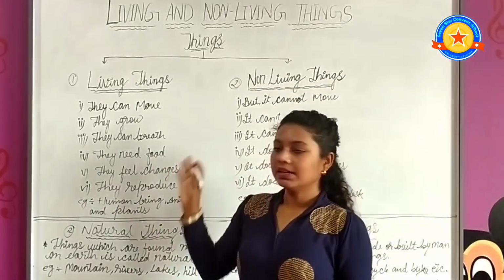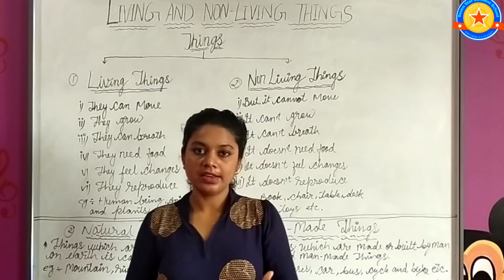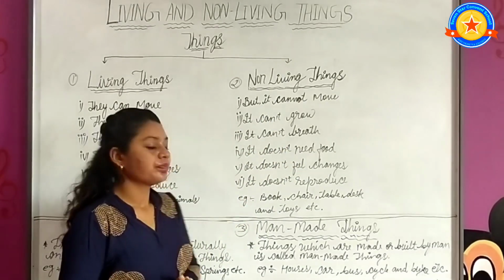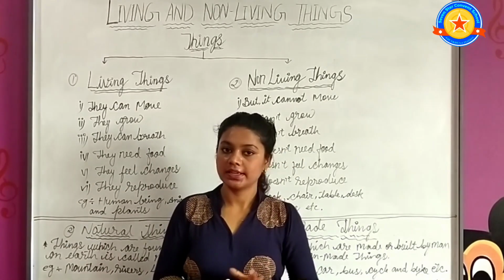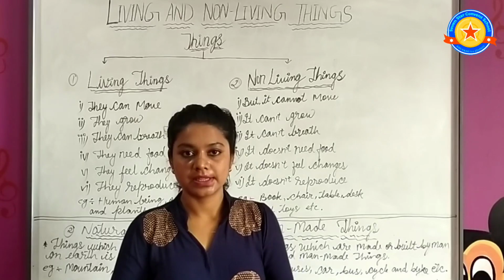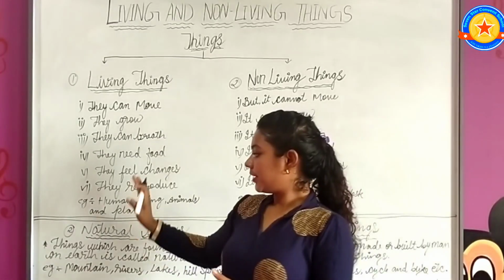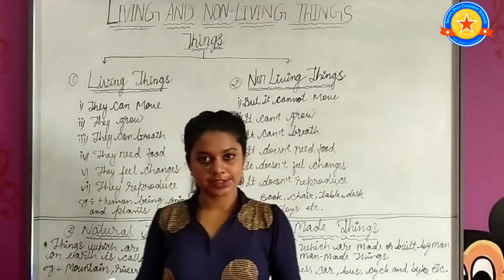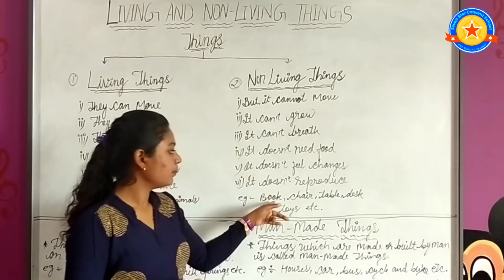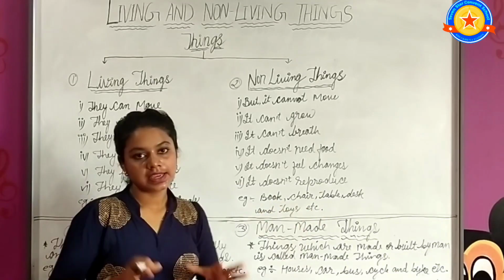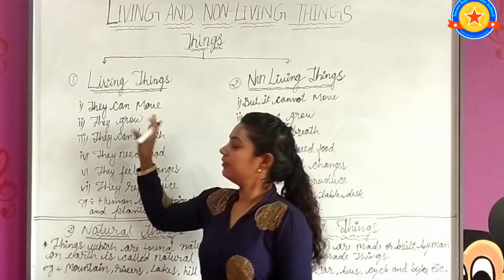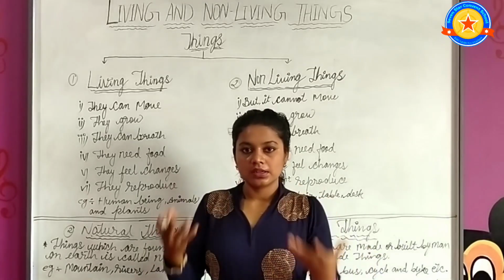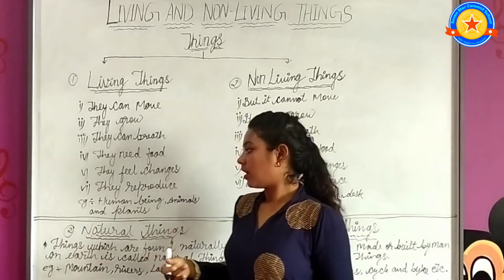So these are the living things which can reproduce. Non-living things do not reproduce; they can't reproduce themselves. Here I have given examples like human beings, animals and plants, and for non-living things we have books, chairs, tables, desks and toys. These are the differences between living and non-living things that we have just learned.